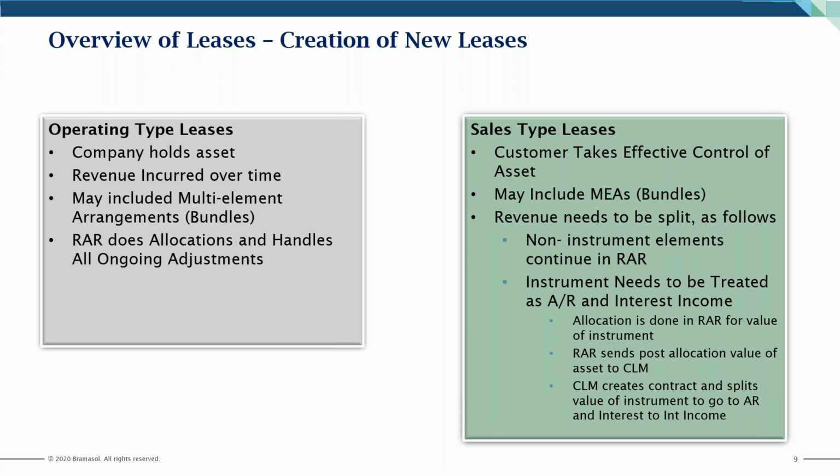And this is interesting because there are 2 transactions. The first transaction is treated as a sale, and the second transaction is treated as not revenue, but interest income and accounts receivable. So on day 1, you have the sales transaction, derecognizing the asset, recognizing the sale.